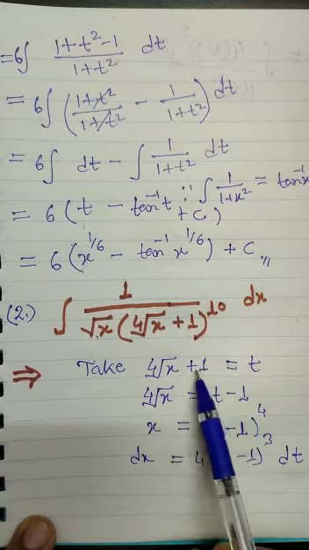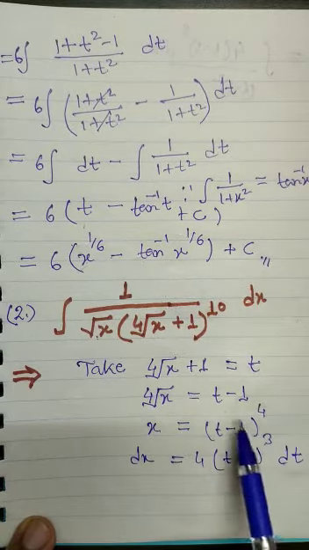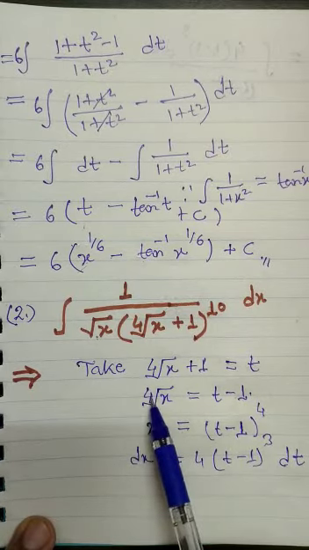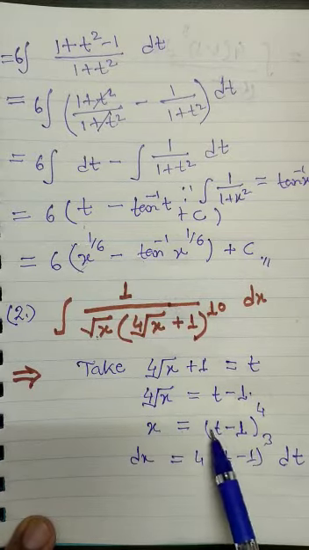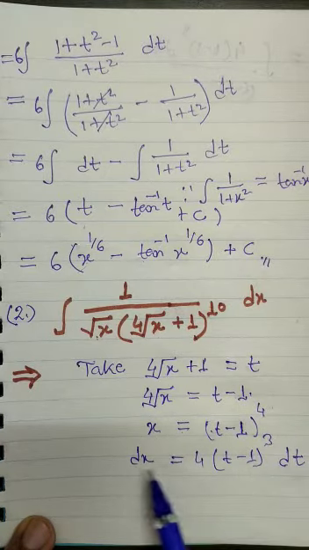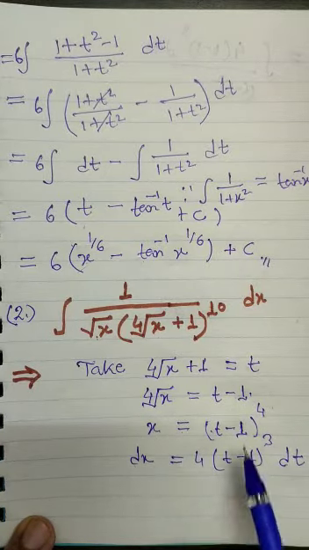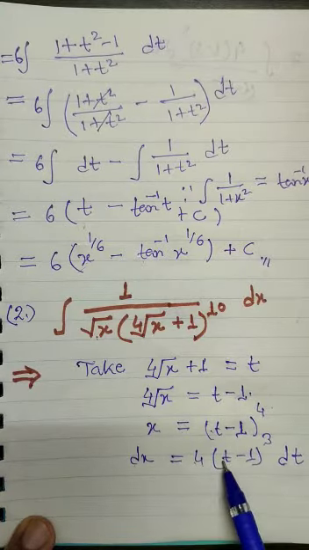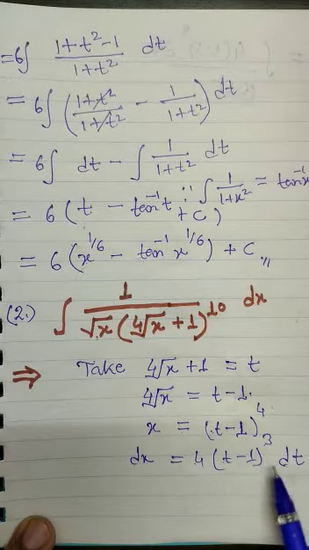Fourth root of x plus 1, taking the other side, becomes t minus 1, and x equals, because it's the fourth root, t minus 1 raised to the power 4. Now differentiate it. dx equals the differentiation of t minus 1 to the power 4, which is 4 into t minus 1 power 3 dt.